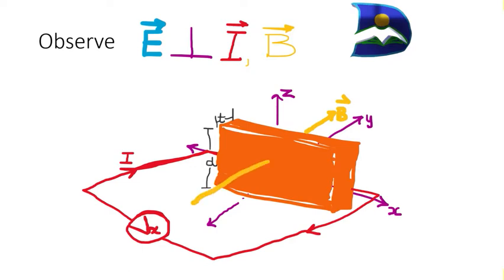So what happens when you have these two fields acting on this material? Since the magnetic field is along the y-axis and the current is along the x-axis, consider particles contained in the material.